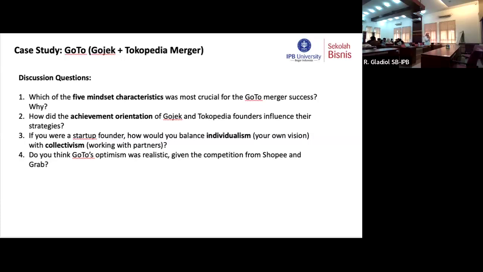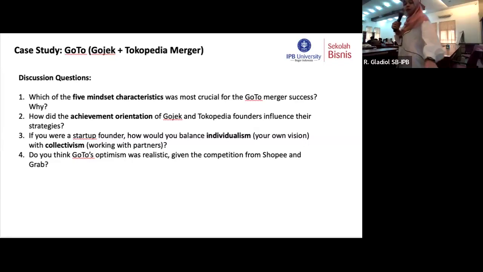It's less realistic given that Shopee and Grab have larger capital and much stronger competition. So you think it's not too realistic. Okay.